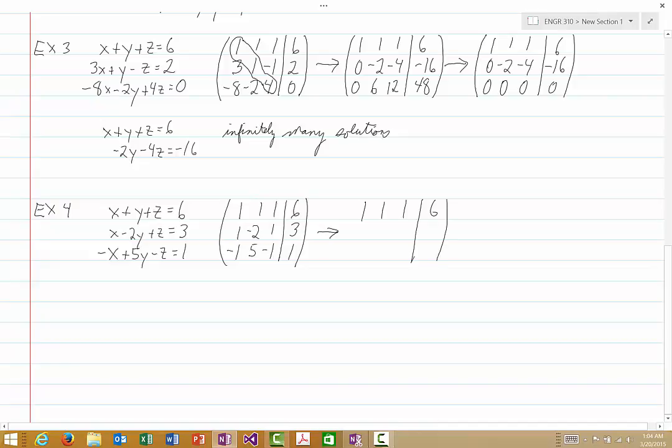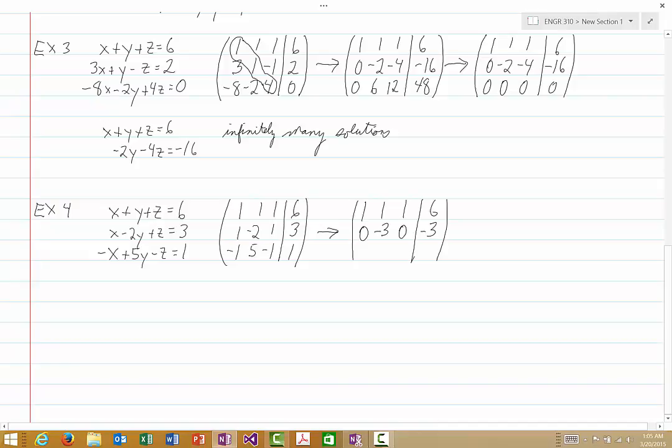First, we will add -1 times the first row to the second row. So -1 times 1 is -1, and 1 is 0. -1 times 1 is -1, and -2 is -3. -1 times 1 is -1, and 1 is 0. -1 times 6 is -6, and 3 is -3.